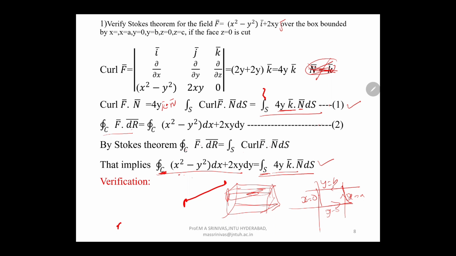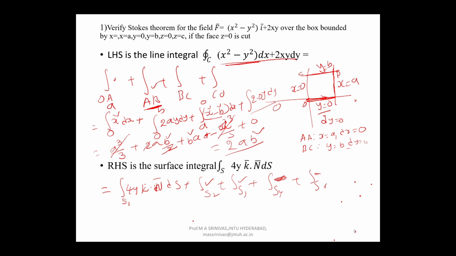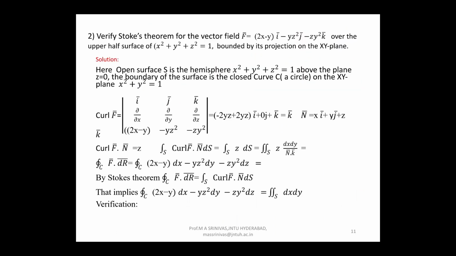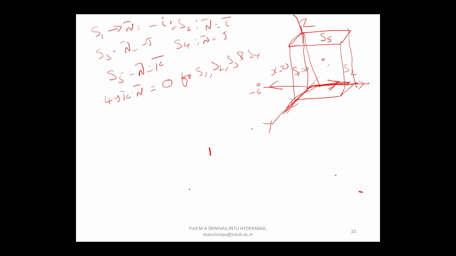For all the surfaces except this one, the outward normal vector is either i bar or minus i bar or j bar or minus j bar in place of this n bar. If I take the dot product with that, that will be 0. Only for k bar I will get 1. So 4y I will get. So this is equal to 4y for S5.